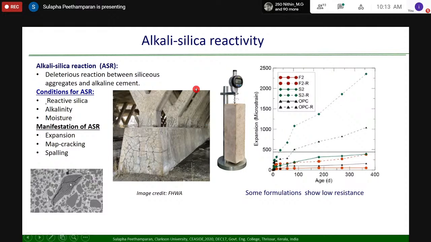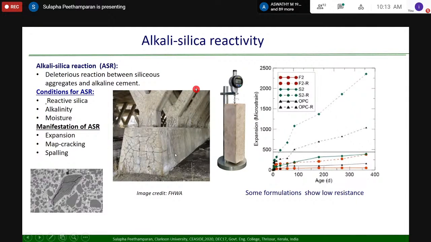That aggregate will react with the alkalinity of your cement and produce a product which we call ASR gel. That ASR gel will absorb water and expand. When it expands, it cracks the aggregates inside the concrete, and the manifestation is cracks like this.